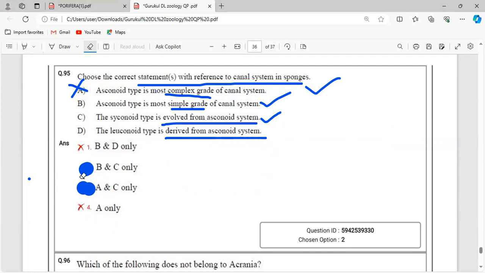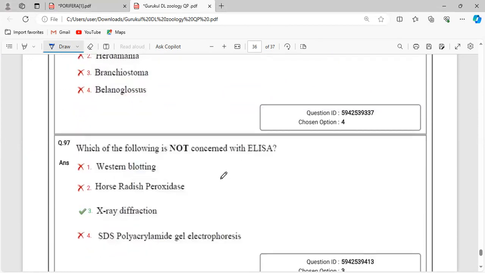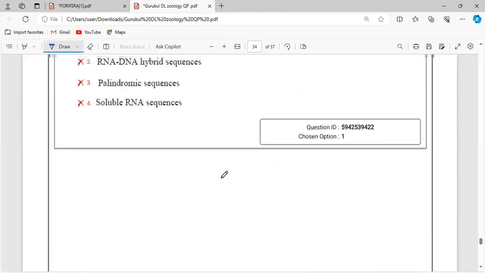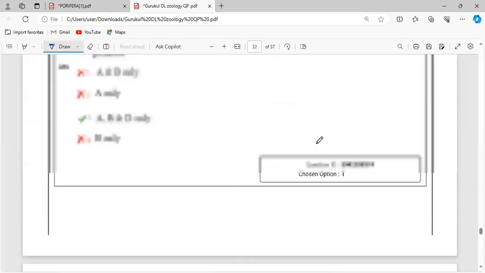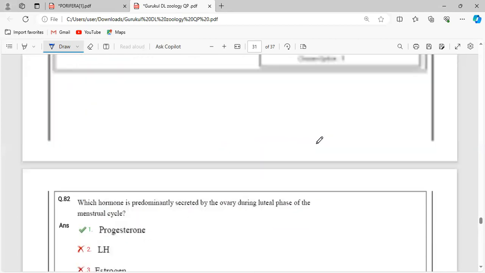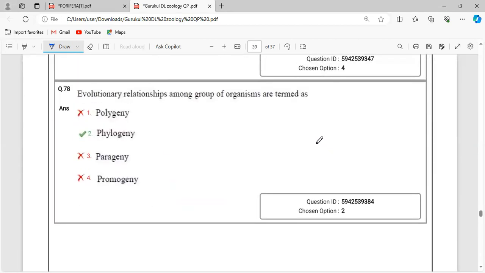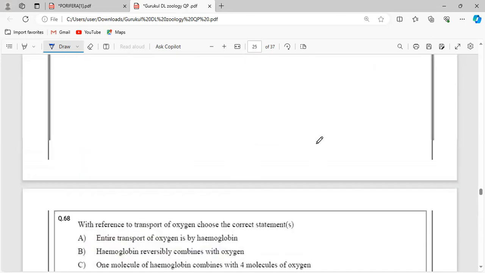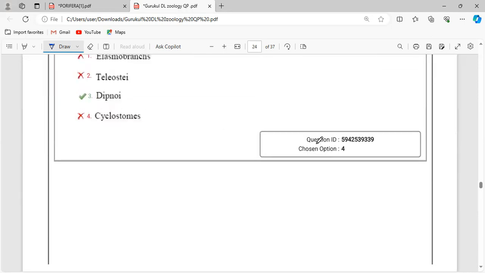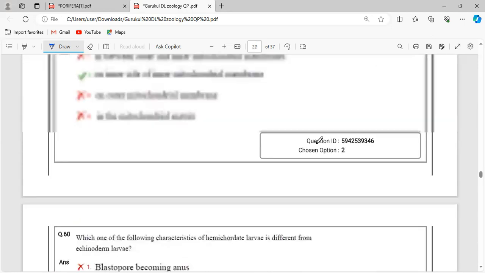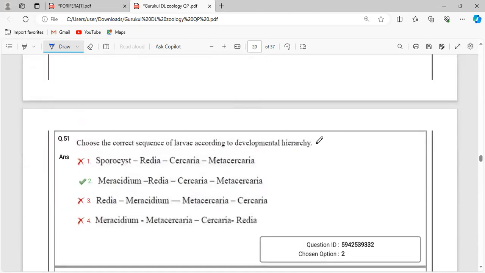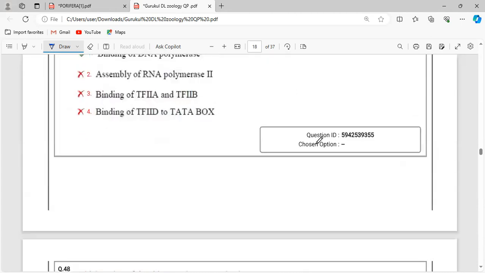That is why revising is very, very important. These are all the basic questions. If you made mistakes in this type of question, how will you answer those difficult questions? See, 2 questions have been asked from the Porifera, and I will show you one of the questions. If you read the topic, see how very easy it is for you to answer these types of questions.